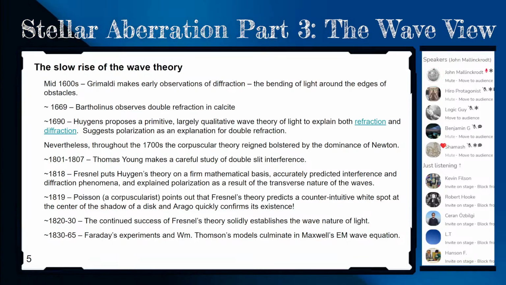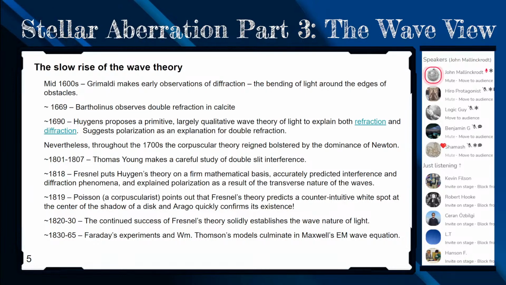An easy way to do that is to think about that unblocked portion as a whole bunch of infinitesimal annular rings, because each one of those rings will have the same phase relationship at the center of the shadow.